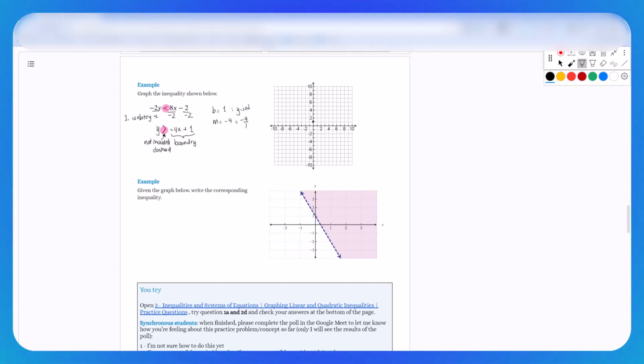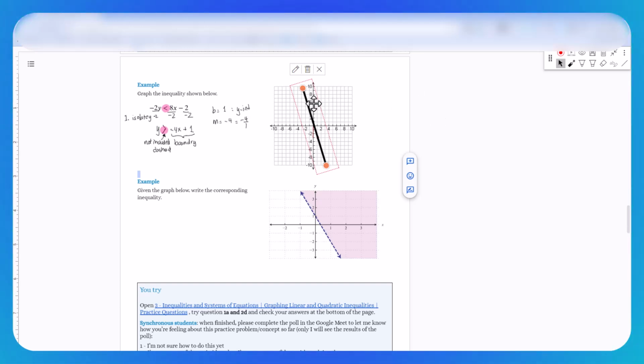So 1, 2, let's get a red pen. 1, 2, 3, 4, and to the right 1. So there's another point. We're going to connect those together. Let's just move that up. Need a little longer.